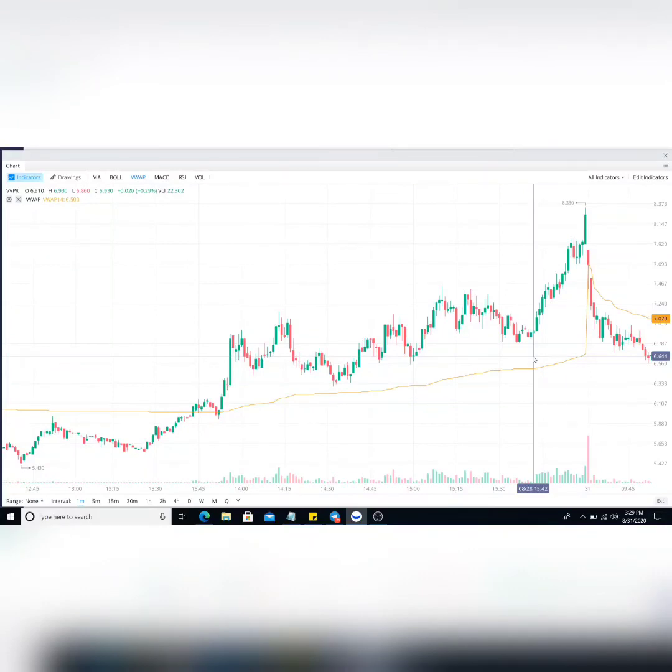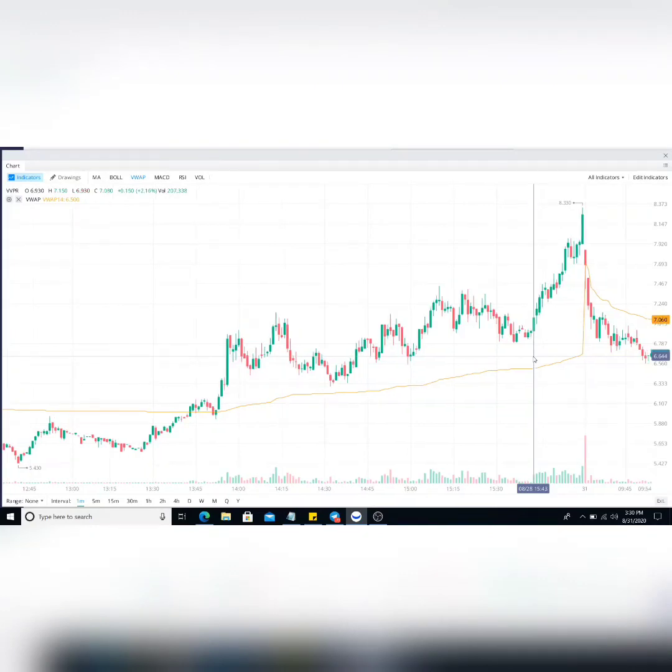Did it spend the whole day testing VWAP and then dropping sharply because of a resistance? Did it cross VWAP even just for a few candles and then the volume die out? Because that again is a resistance, even though it crossed VWAP to the upside and it stayed there for a tiny little bit, it's still serving as somewhat of a resistance.